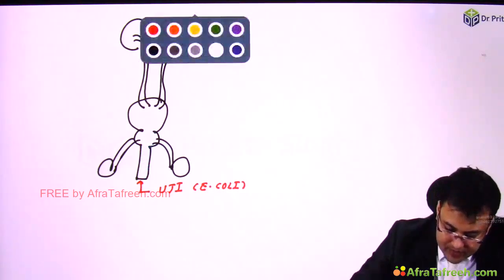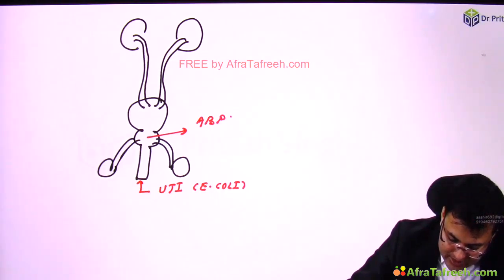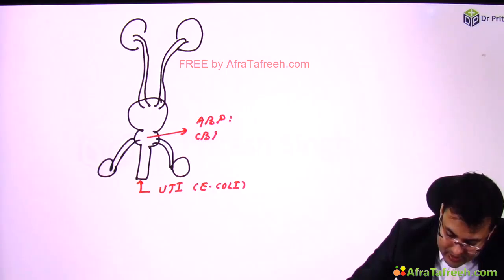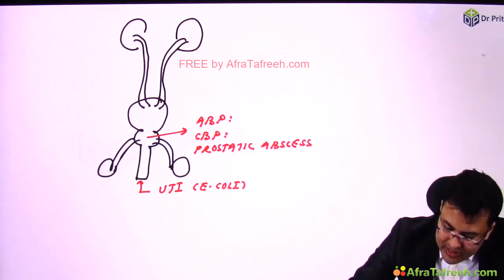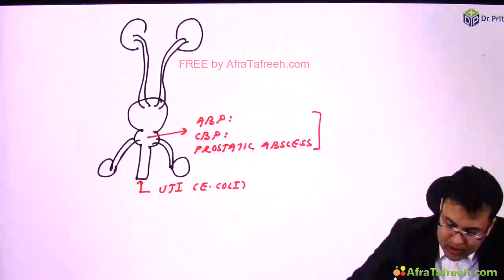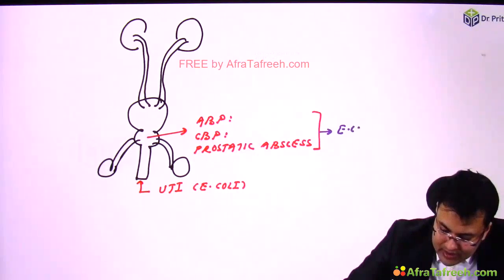So here you can see acute bacterial prostatitis, chronic bacterial prostatitis, and prostatic abscess. In all these three, the most common organism responsible is E. coli.